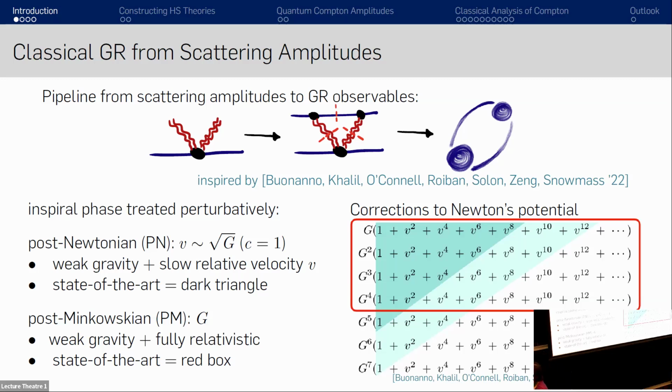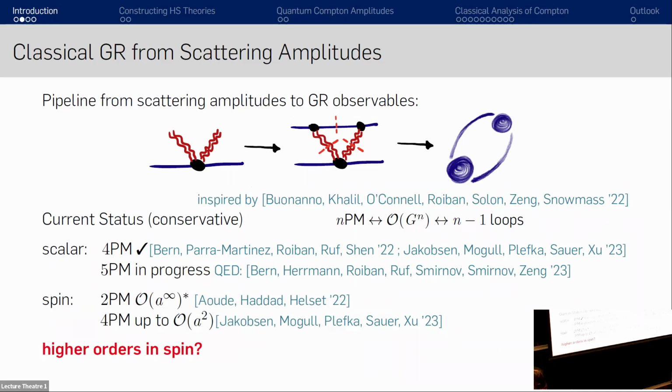Great. So I have this little cartoon at the top, which discusses the pipeline of how you go from scattering amplitudes to classical observables. There are three main steps. The first is to start with your tree level amplitudes.